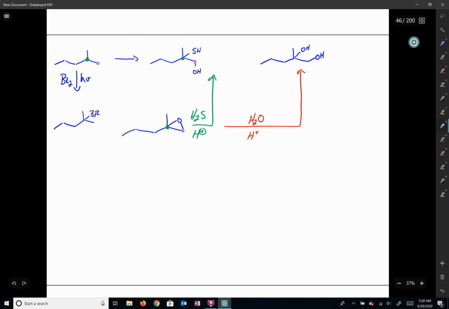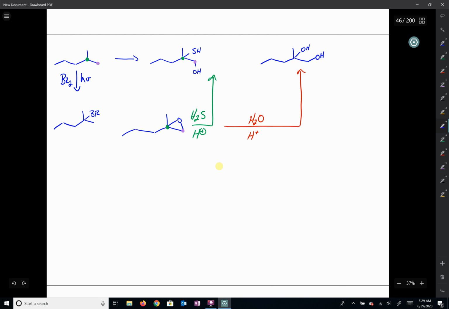We're going to add a bromine to the most stable position for a radical to form, right? Tertiary position in this case. You guys should know that mechanism, and we should remember, stability of radicals trends the same with stability of carbocations, in general.